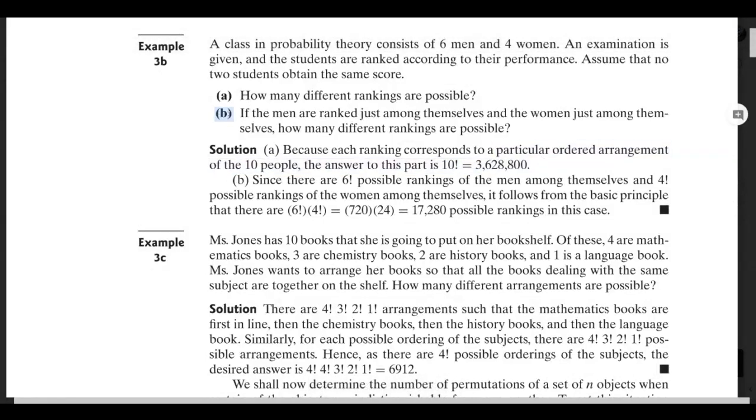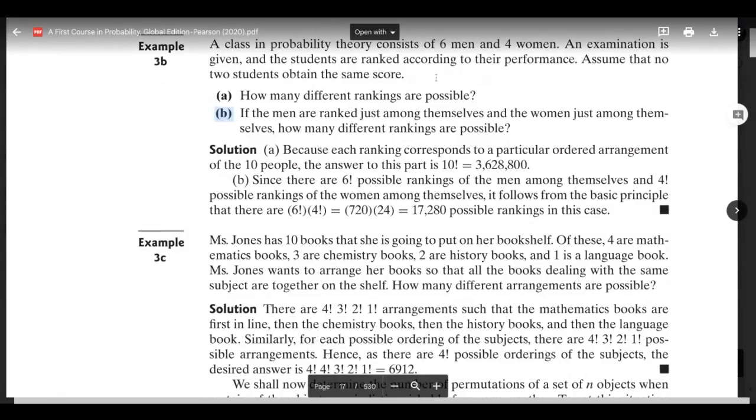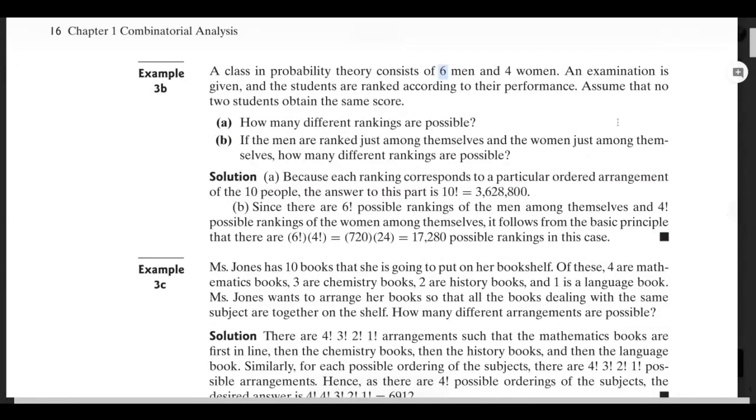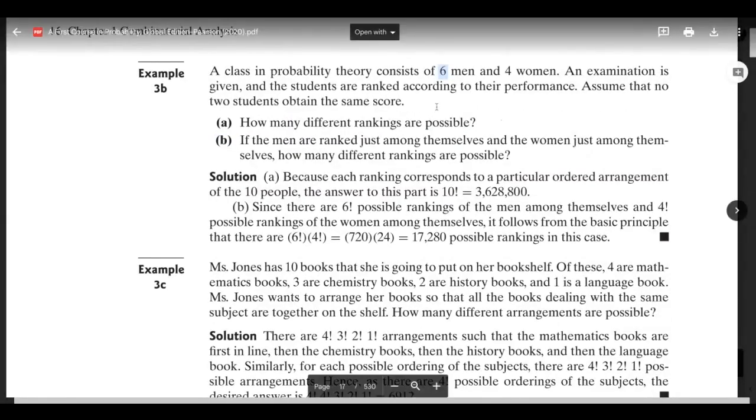And B, if the men are ranked just among themselves, now it's different, right? And women just among themselves. So how many different rankings are possible? Well, if we rank the 6 men, I have 6 times 5 times 4 times 3 times 2 times 1, which is 6 factorial.